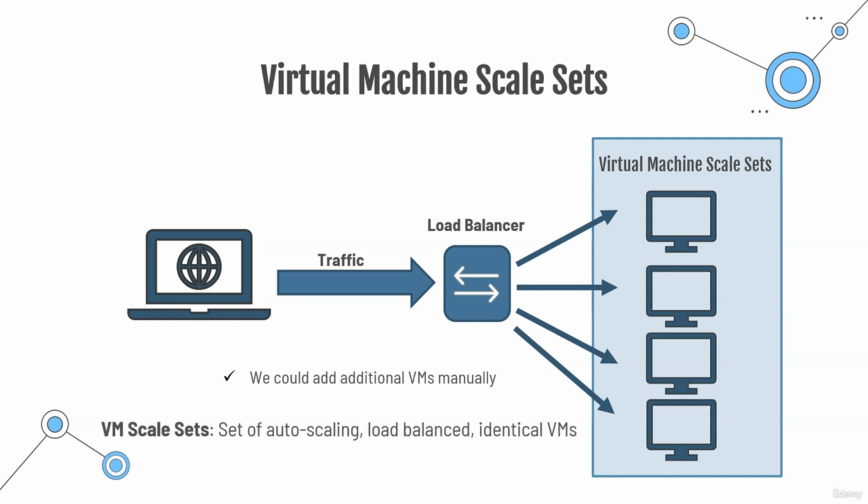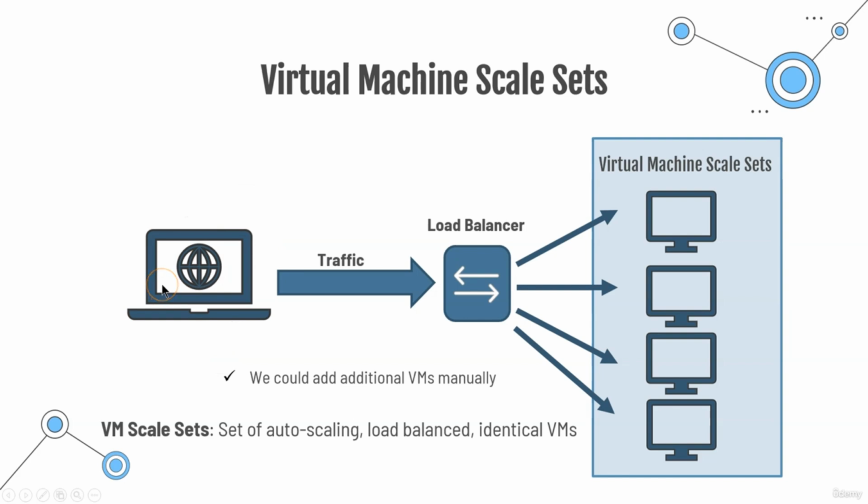They are a set of auto-scaling, load-balanced, identical virtual machines. The fact that they are identical virtual machines also includes that they have the same image and the same operating system. This helps to easily scale them up and scale them down depending on the increase and the decrease of the demand.